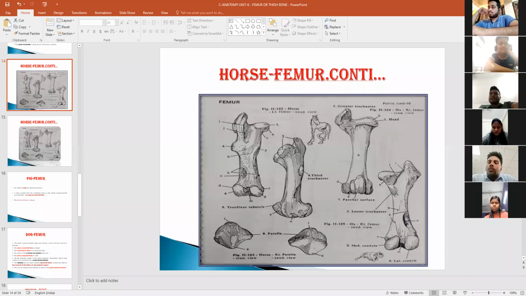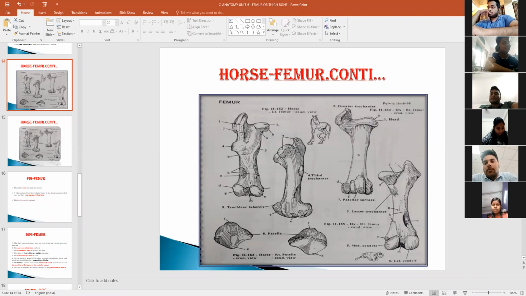Now the question is for Gaurav Mishra. Yes, sir. The posterior surface of the femur in the case of the ox comes in contact with muscles.